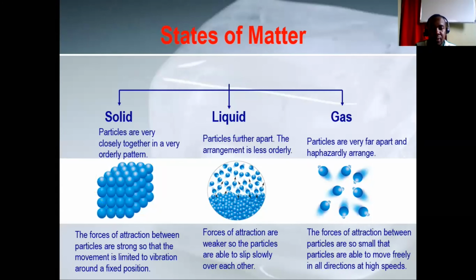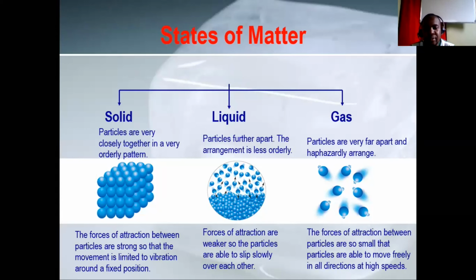All right, and we know about the forces of attraction between the particles. For the solids, the forces of attraction between particles are strong, so the movement is limited to vibration. So we know that particles vibrate in a solid because they have minimal space to move about, so they can only vibrate around a fixed point.